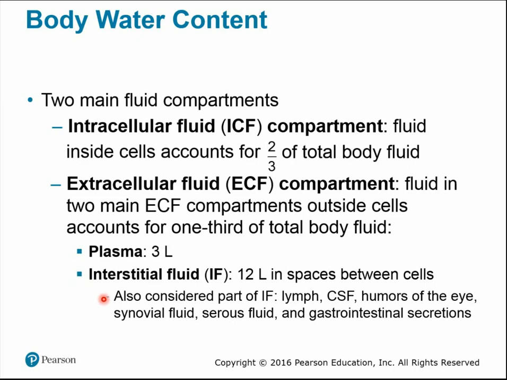We also lump some other body fluids into this interstitial fluid category, so things like lymphatic fluid, cerebrospinal fluid, the humors of the eye, so the aqueous humor and the vitreous humor, synovial fluid in the joints, serous fluid between the visceral and parietal membranes, as well as our gastrointestinal secretions.